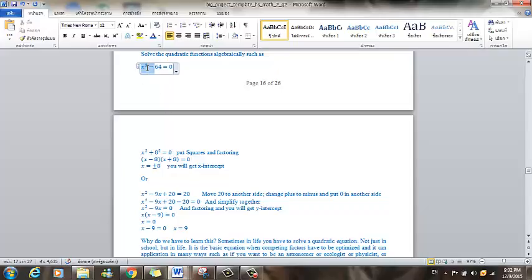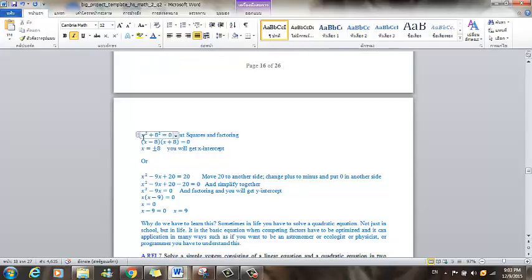Because x squared is still x squared, and we factorize, x squared is 64, equal to 8. Now we can factorize to this and this, and we get x equal to plus and minus 8, and you get your x-intercept.